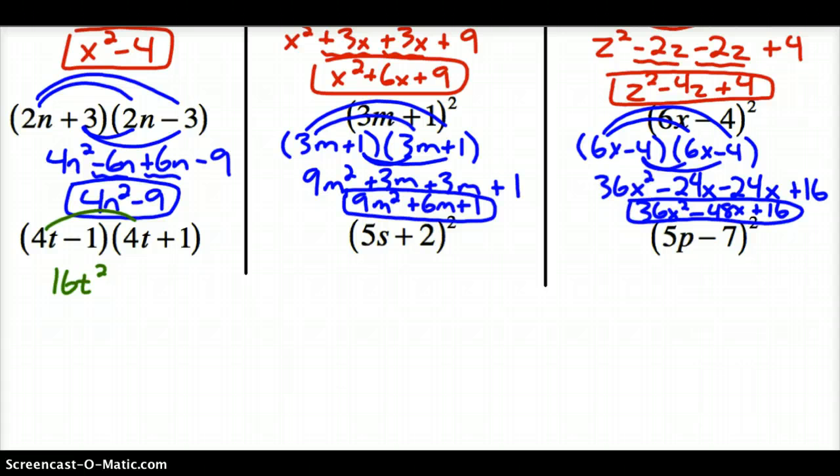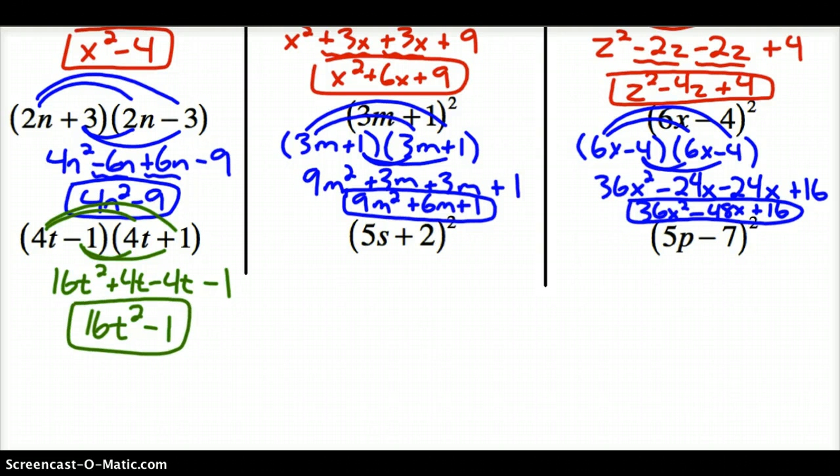I now have 4t times 1 is going to give me a positive 4t. And it looks like this pattern is going to continue. A negative 1 times positive 4t is going to give me a negative 4t. And then last times last will give me a negative 1. And if we add these terms up in the middle, the t term, they'll cancel out. So my final answer is 16t squared minus 1.